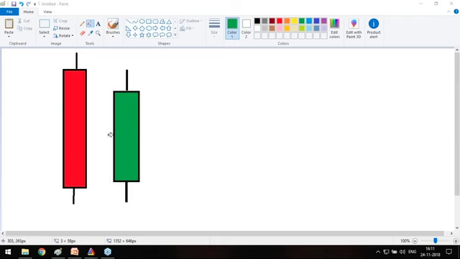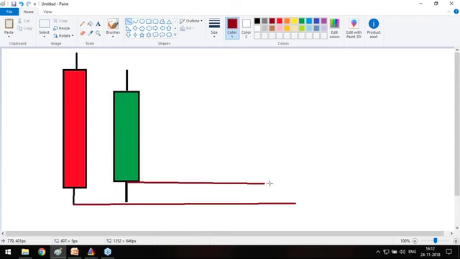So what I will do, now generally there are multiple ways of marking these levels. There's no permanent way of marking levels. One way is wick to wick.